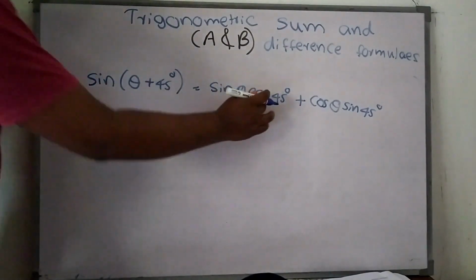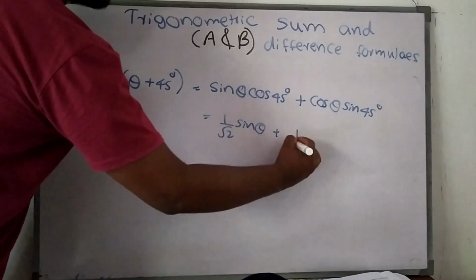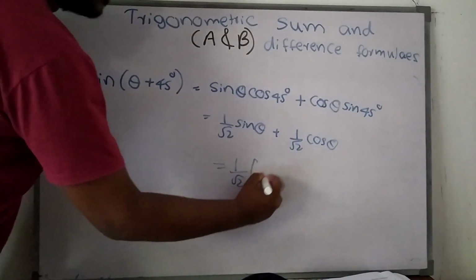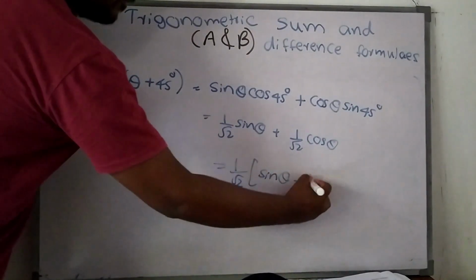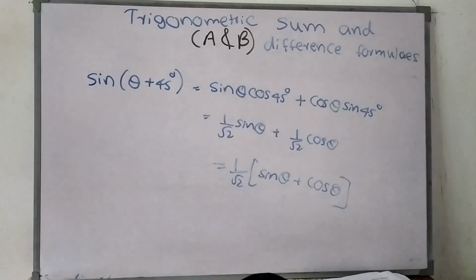So 1 over root 2 is cos 45, so sin theta times 1 over root 2 plus 1 over root 2 times cos theta. You can pull 1 over root 2 out. It will be sin theta plus cos theta, right? Likewise, the same result with the equation.